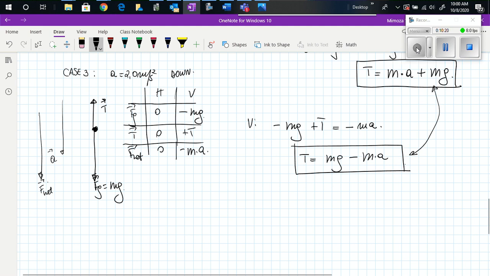And when the object is accelerating down, tension is less than the force of gravity. And when the object is moving with constant speed or constant velocity, I say constant speed just because it's moving in one direction, collinear, up or down, the two forces are equal in magnitude.